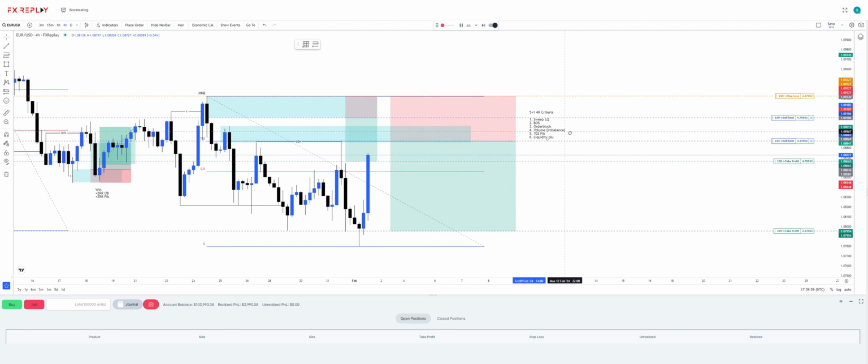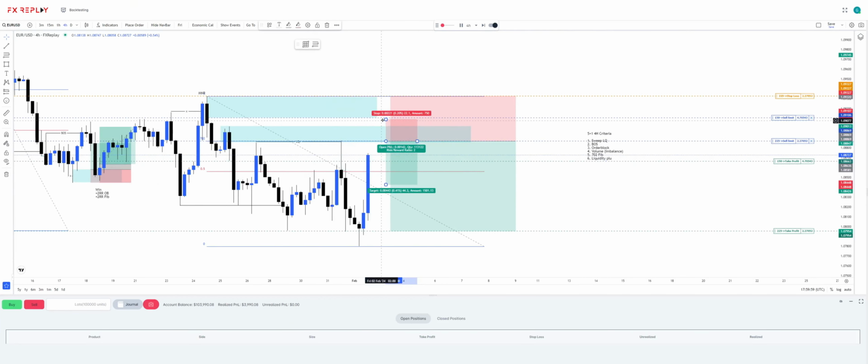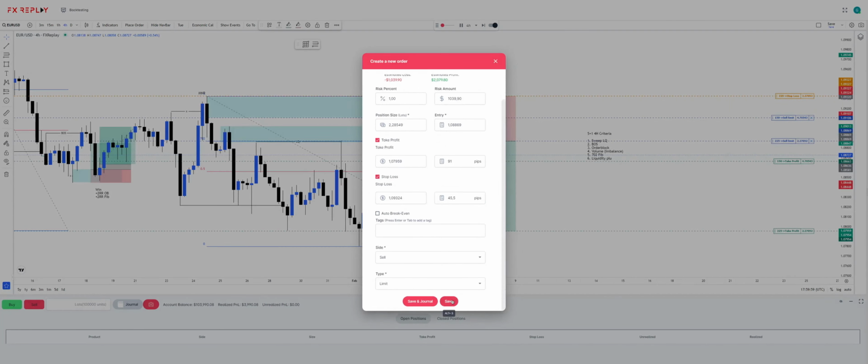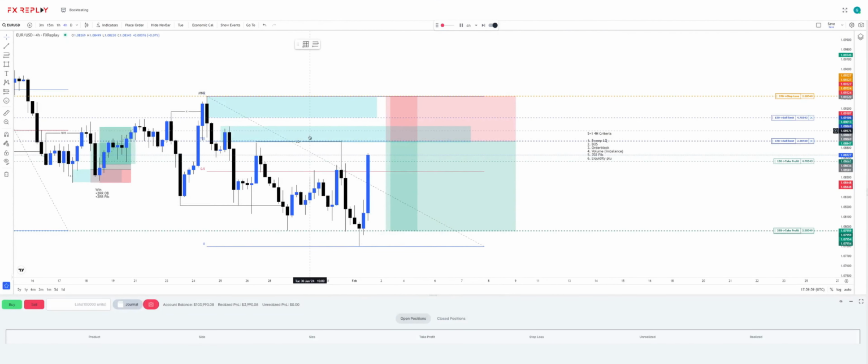So what do you do in this scenario? Well, in this scenario, it is valid to take a 702 entry off the fib as well and move your limit to that, instead of the refined order block, to the recent order block that also holds the double top liquidity right here.